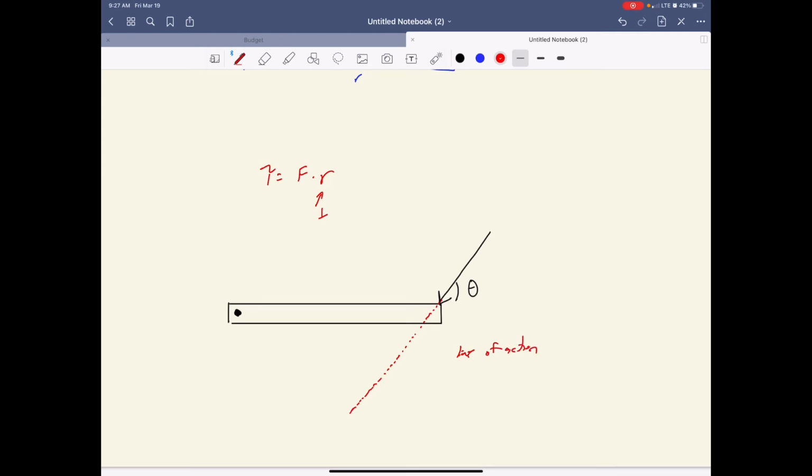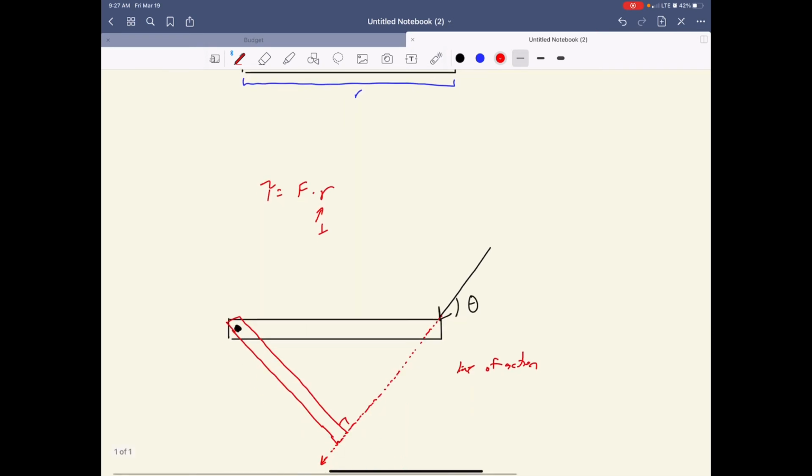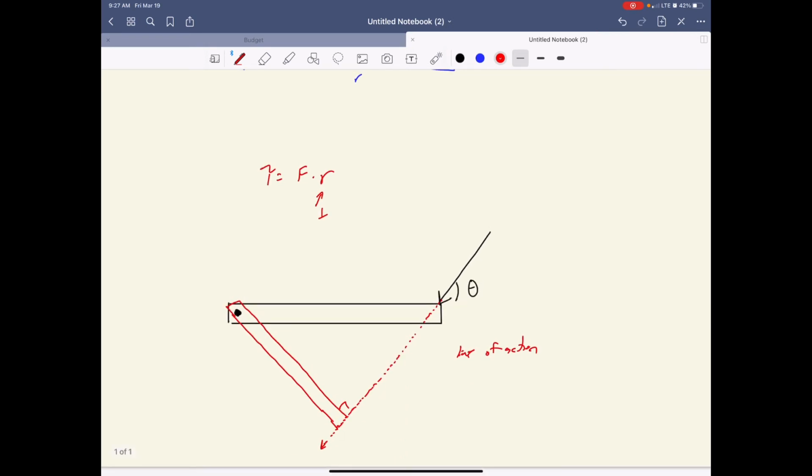You just continue the force in a straight line like this, and you try to figure out what is the length of the adjusted lever arm that is now perpendicular to this line of action force. So notice the difference: in this way you're just getting the perpendicular component of the force. Here, you're adjusting the lever arm to make it perpendicular to the line of action of the applied force.